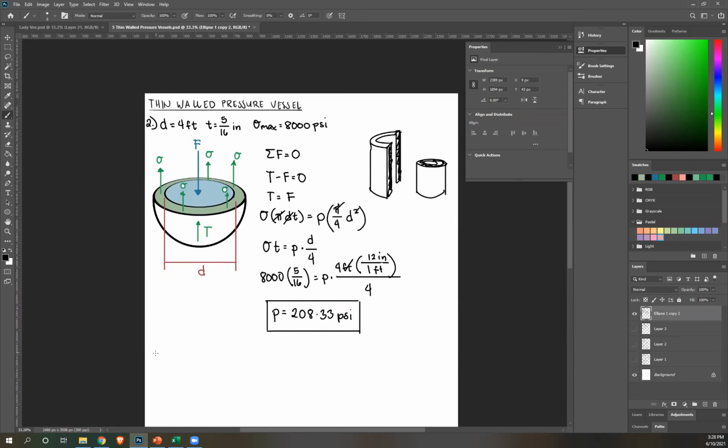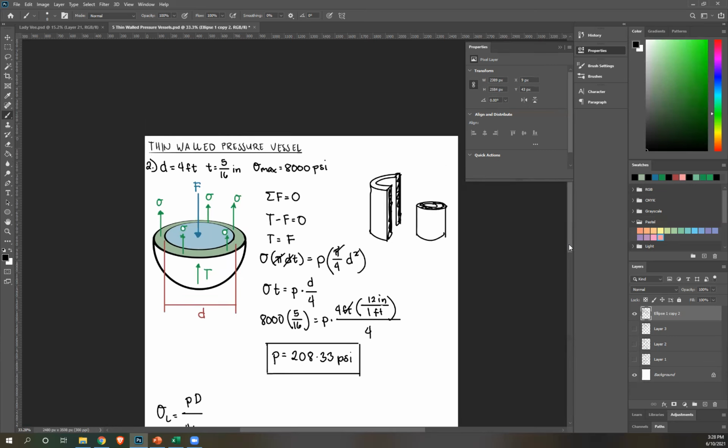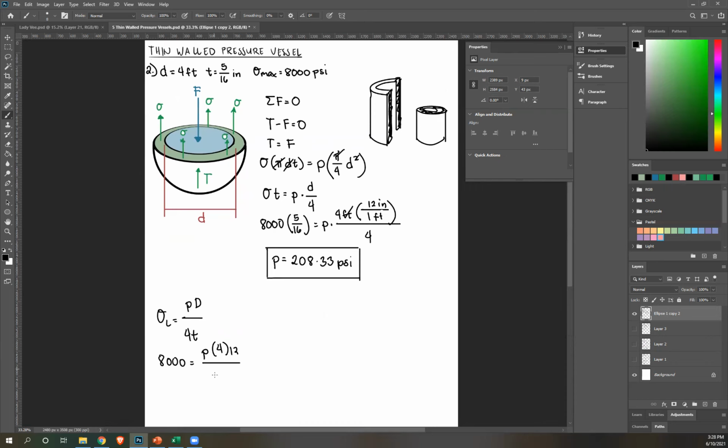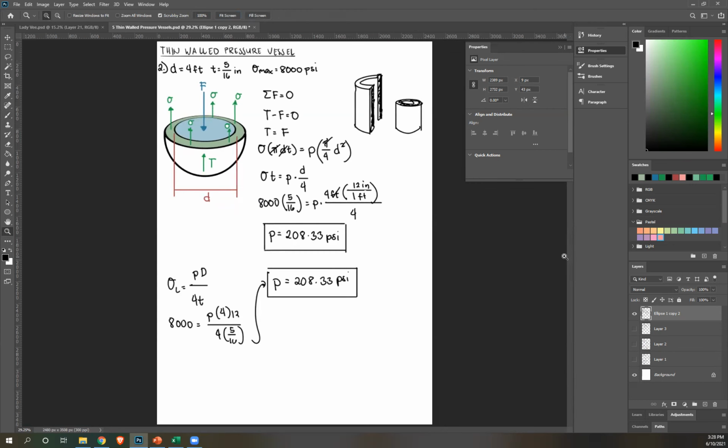So we can solve this just using longitudinal stress, sigma L equals PD over 4t. Sigma L is 8,000 equals P, which is what we want. D is 4 feet multiplied by 12 to convert to inches. Then over 4, thickness is 5 over 16. You should get P equals 208.33 PSI. Okay? As you can see, the sphere doesn't have any tangential stress. It only experiences longitudinal stress. Okay?